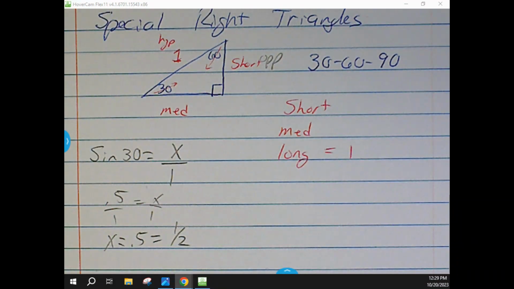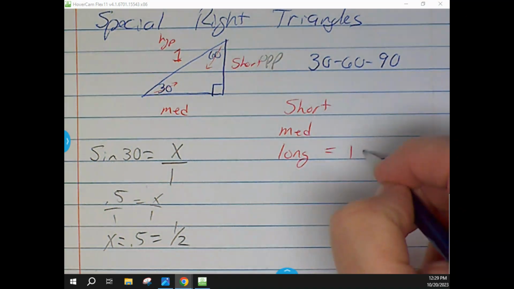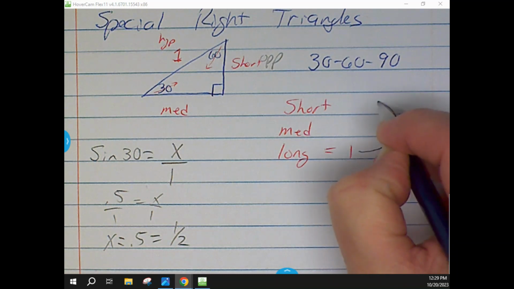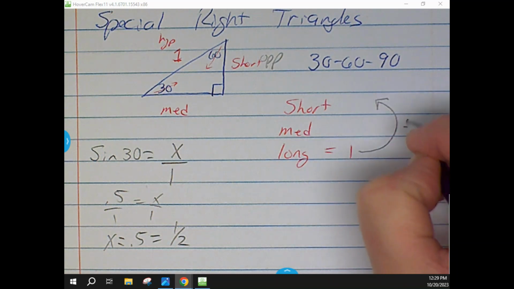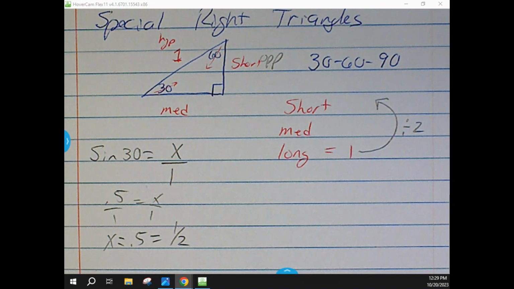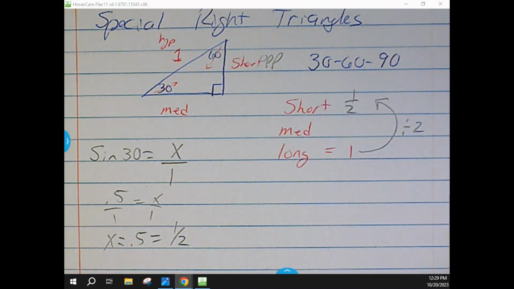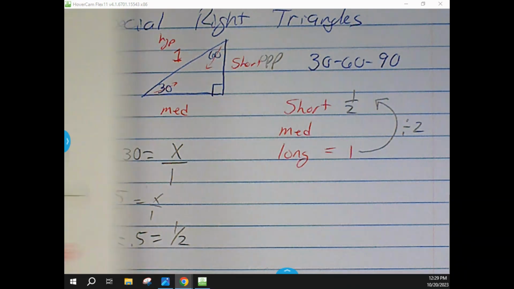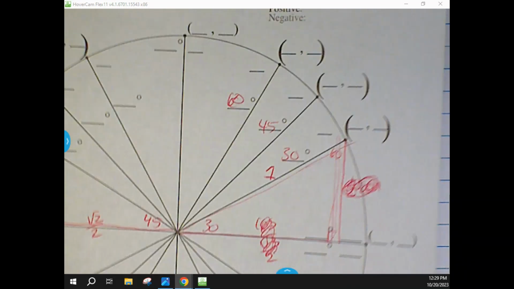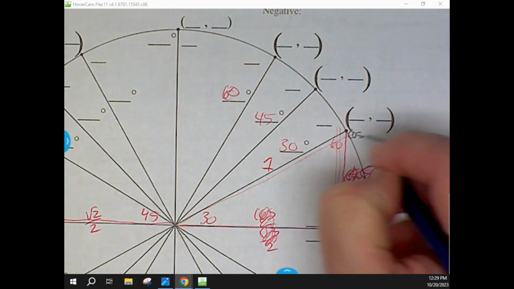All right, now, here's the trick. Here's what they should have told you in geometry last year, and you may or may not remember this one. If you have the long side, to get back to the short side, all you have to do is divide it by 2. And that gets us the same thing. Now think about back here when we were doing this one. We knew this was cosine, this was sine, right?